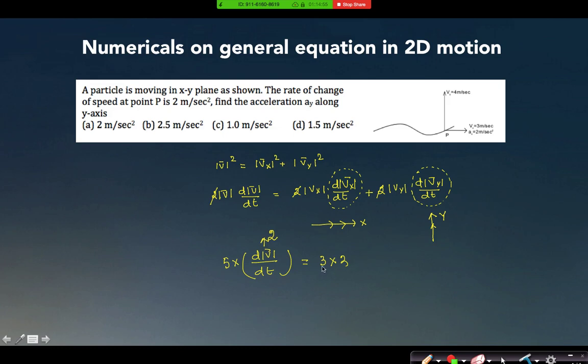So that is equal to 3 into dvx by dt, which is also 2, plus vy is 4, and I need to calculate dvy by dt, I think I need to calculate ay. So 10 equal to 6 plus 4 ay. And you can easily find ay to be 1 meter per second square from this expression.